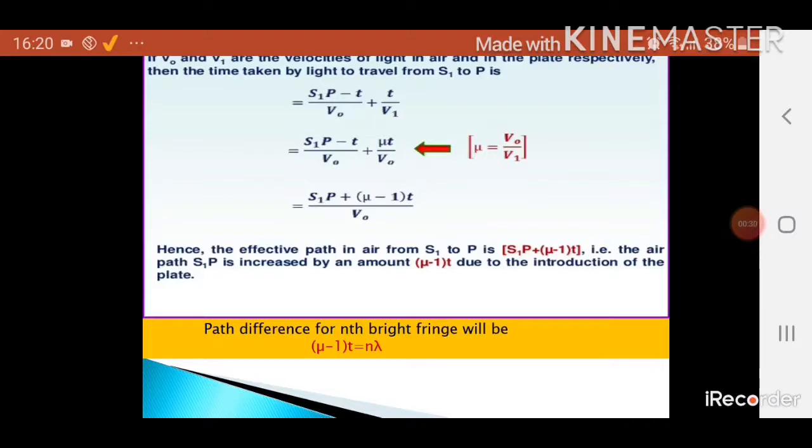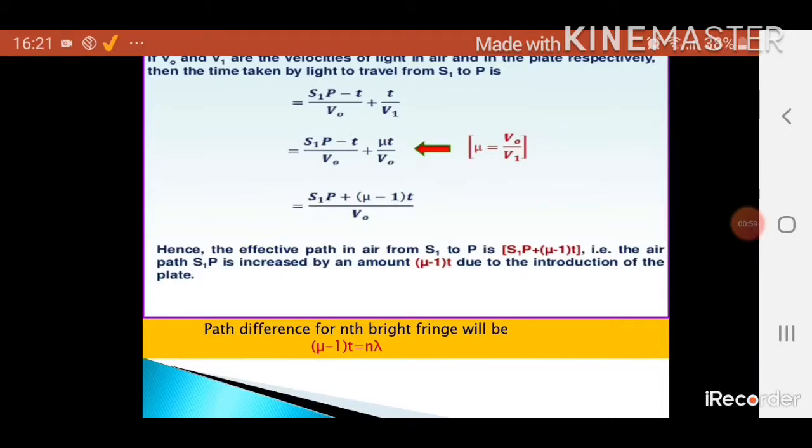Now we will introduce the plate from one side and observe the shift in the central fringe. Then we will set the cross wire on the white fringe and again note down the reading of the micrometer, and when we subtract these two readings we will get the value of the shift, which will be equal to x. So in this way we can find it out.